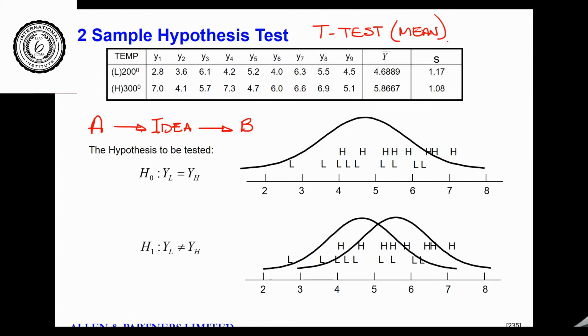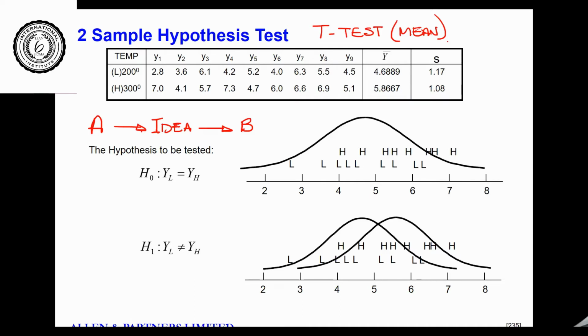And at that point, because you see a difference, you think your idea, your new setting, your new speed, your new supplier, was what created the shift. So that's the point at which you need a hypothesis test.